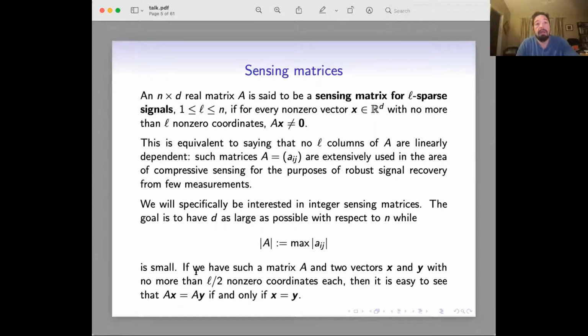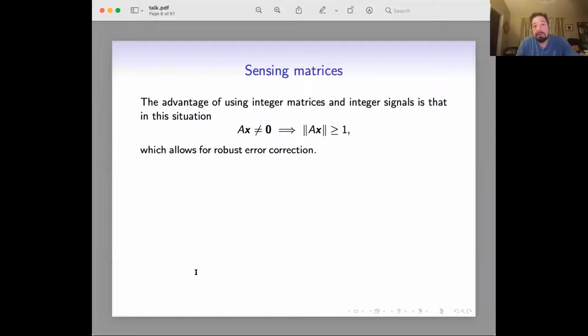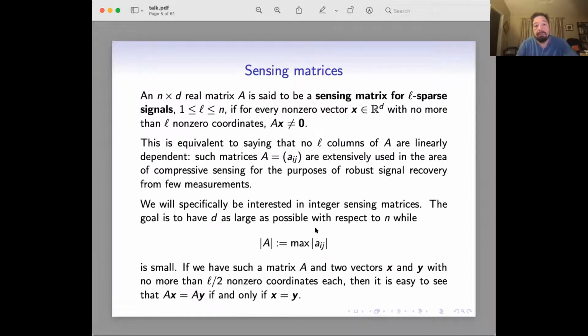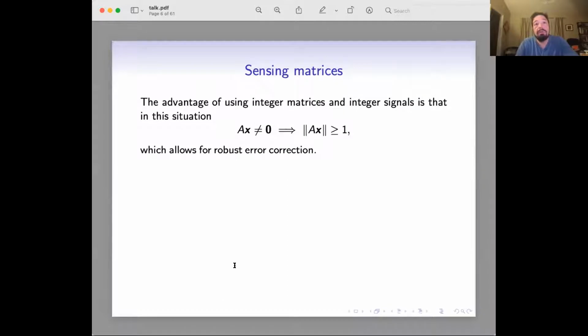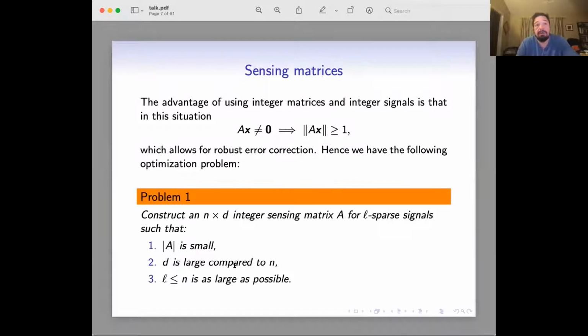Great. So now the advantage of using integer matrices and integer signals is also that one can correct for an error. Because not only do you have this kind of restricted isometry property that Ax equal to Ay implies x equal to y, but also the distance between any two images is relatively large, just because all of them have to be integers. So this allows for some error correction.